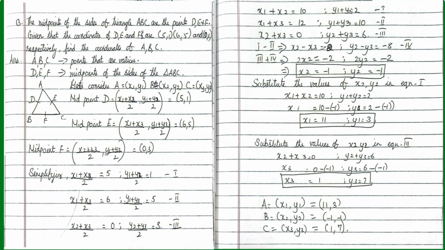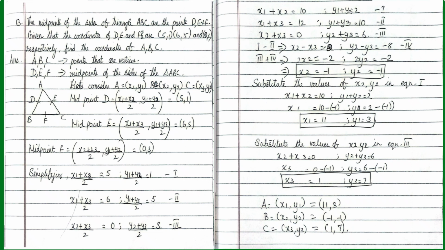E is the midpoint of AC. What are the coordinates of A and C? A is (x1, y1) and C we have assumed to be (x3, y3). So midpoint E is equal to ((x1 + x3)/2, (y1 + y3)/2). The value of E is already given to be (6, 5).